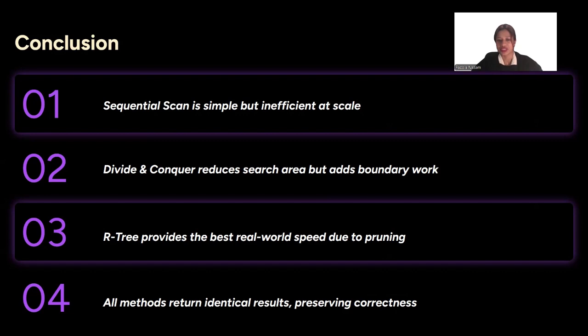R-tree is really effective in that, because as the data set grows, it has the ability to adapt and fit in with a real world scenario. And obviously, it's because of its pruning.